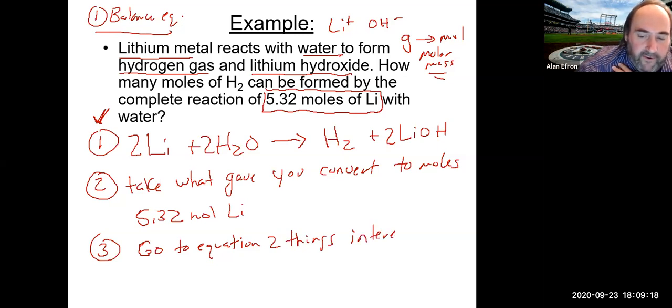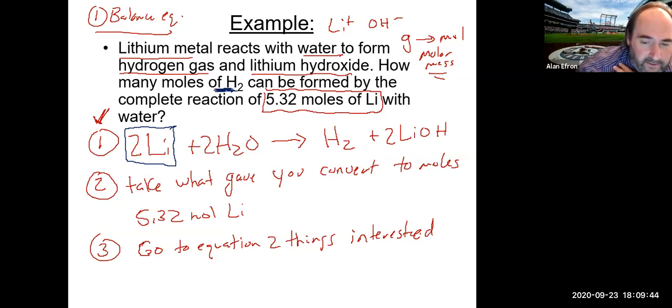One thing you're interested in is whatever they gave you. In this particular case, they gave us the moles of lithium. The other thing you're interested in is what you're trying to find, which is how many moles of H2.